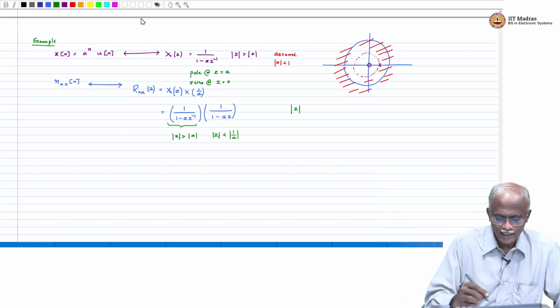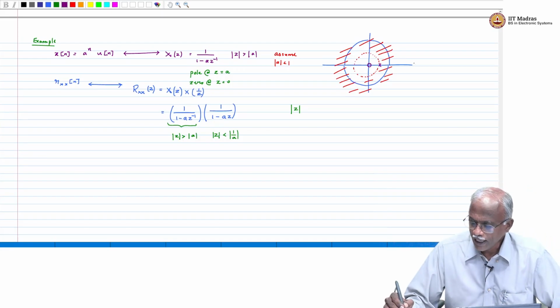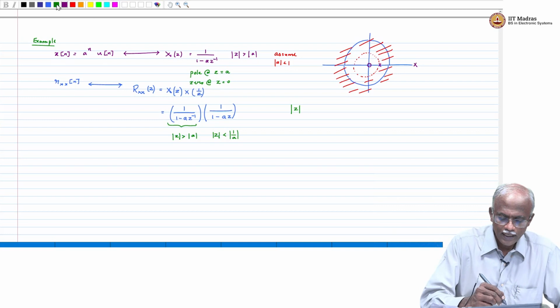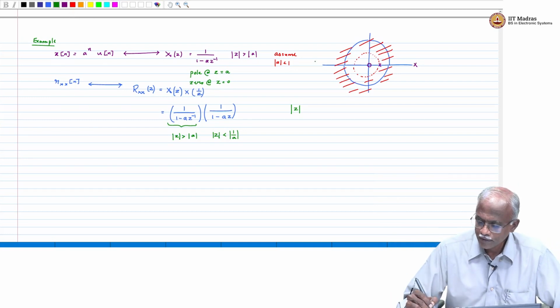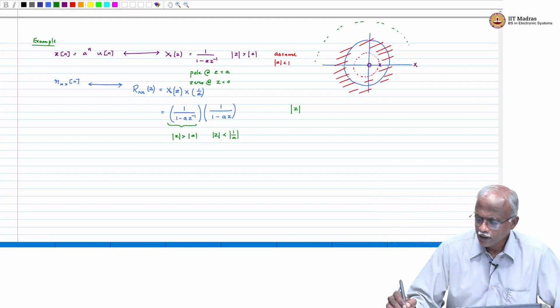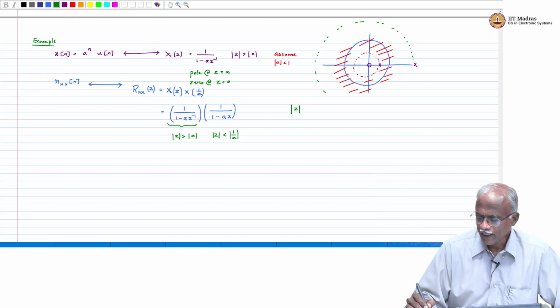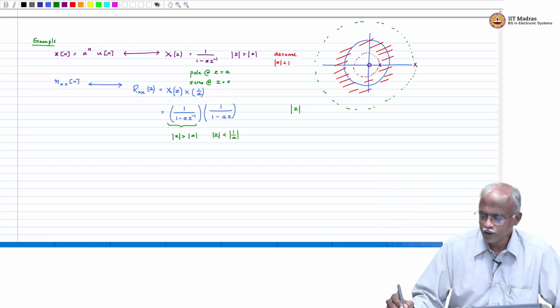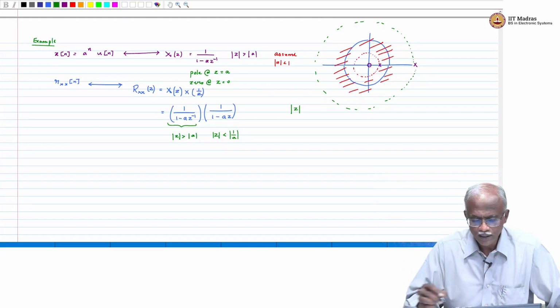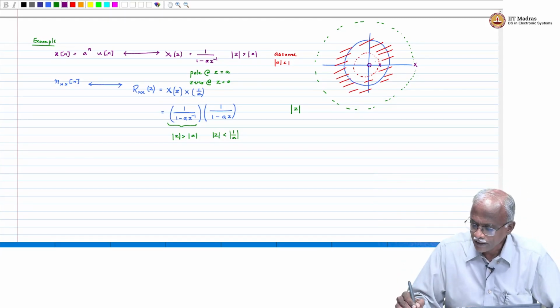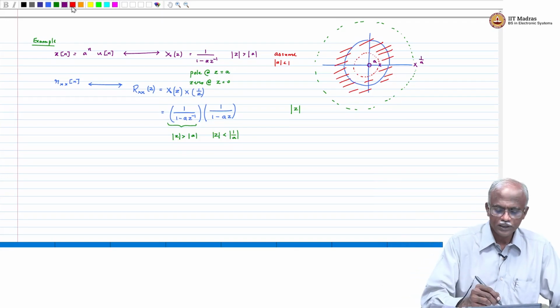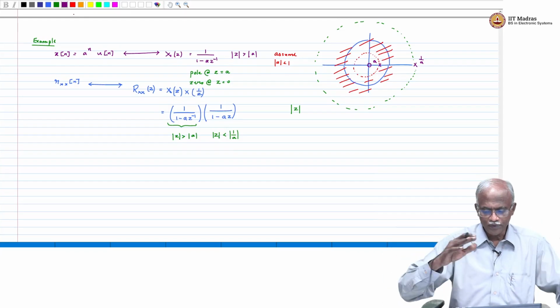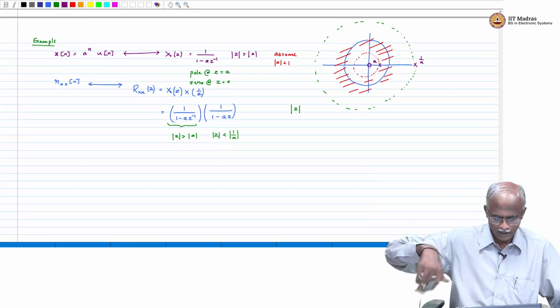If this is a, 1 over a will be at a point outside, and if you draw a circle with 1 over a, the location between the two circles, the red dash circle and the green circle, becomes the region of convergence for the autocorrelation function.